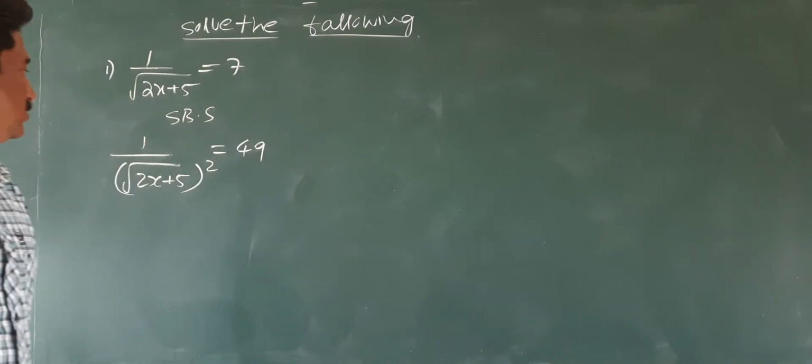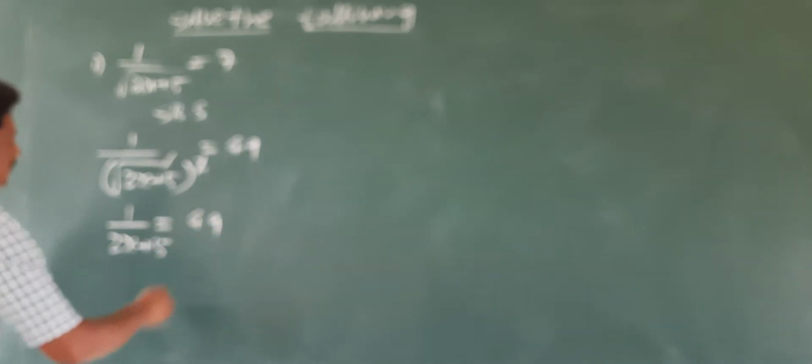So square and root get cancelled. Remaining is 1 by 2x plus 5 is equal to 49.